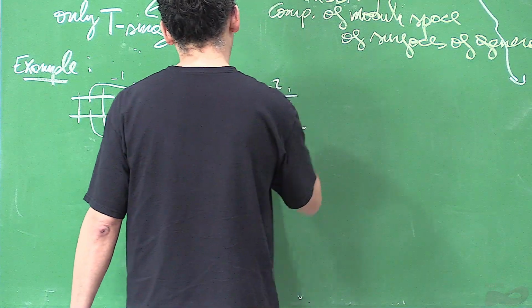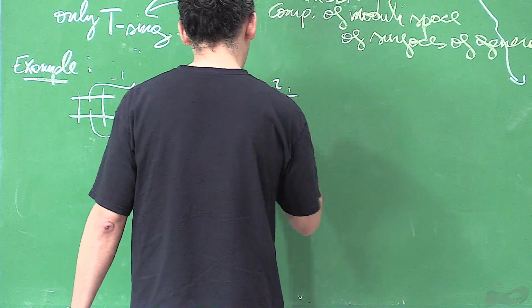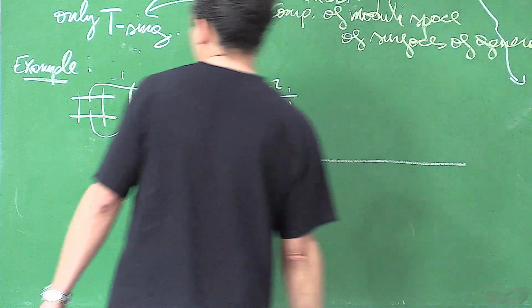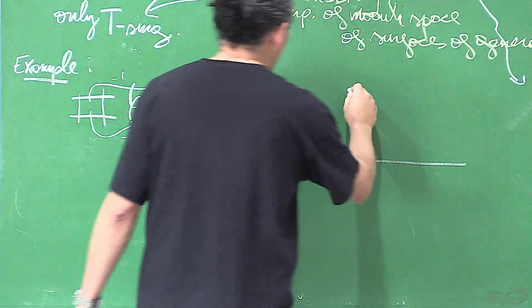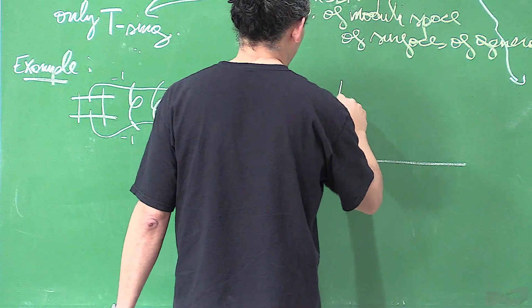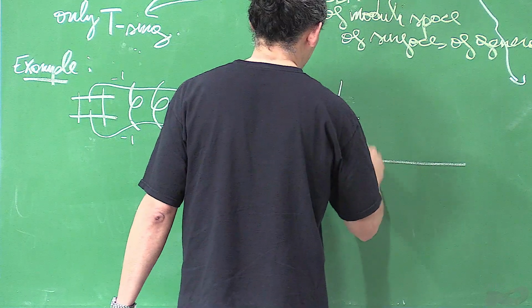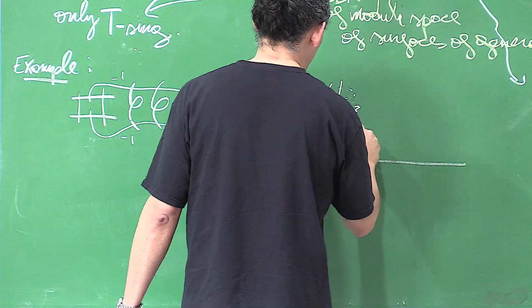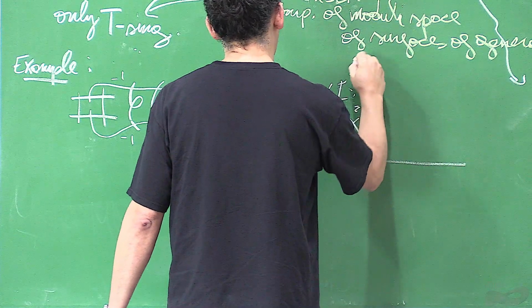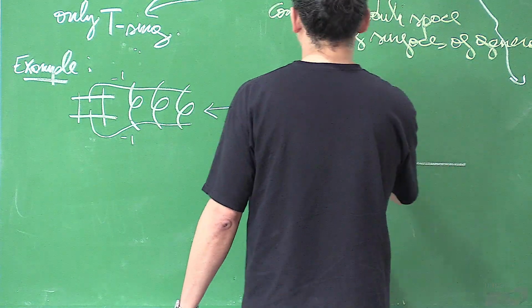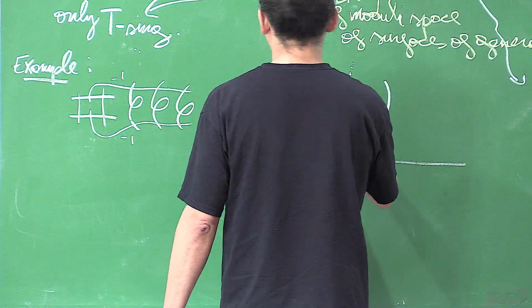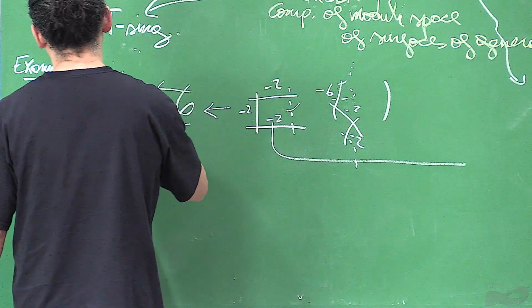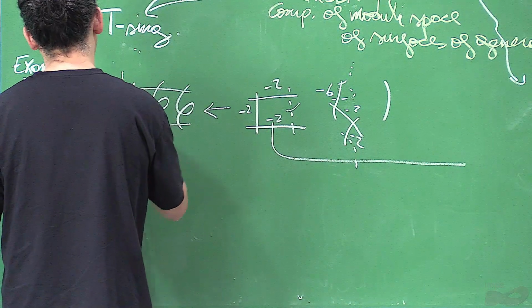So this is going to be -2, -2, -2. So maybe I will draw, and then I will explain. It's going to be -6, -2, -2. Okay, I don't want to take that section, but this.